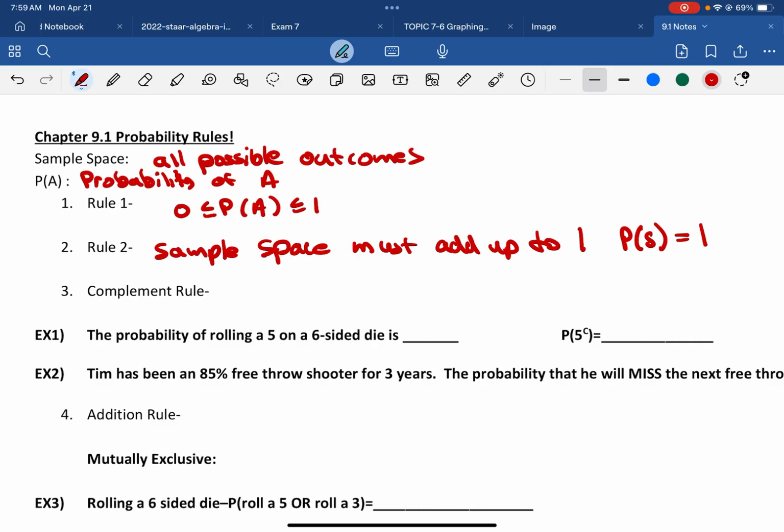Okay. And we have a complement rule. The complement is different.